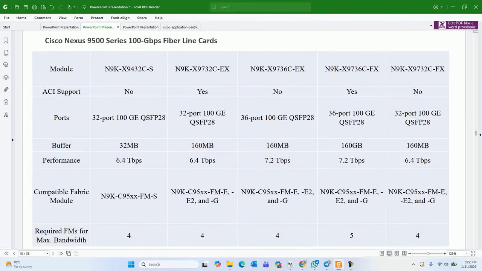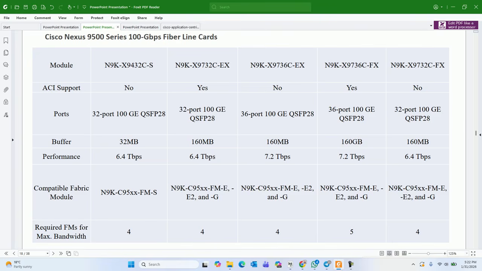These are the line cards in the 100 Gbps fiber line cards. I'll share this particular PDF with you, and all the details related to the 100 Gbps line cards are given in it. You can look at the throughput, the number of interfaces, and ACI support is given in the notes.